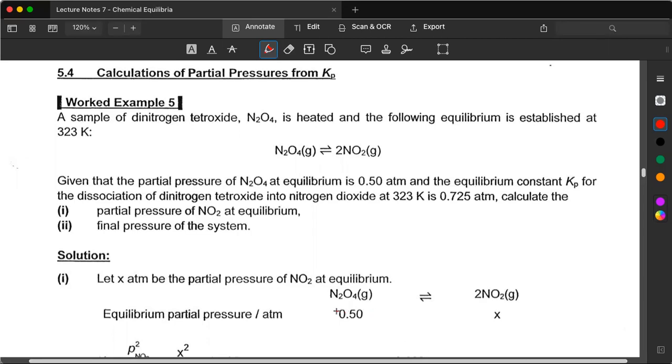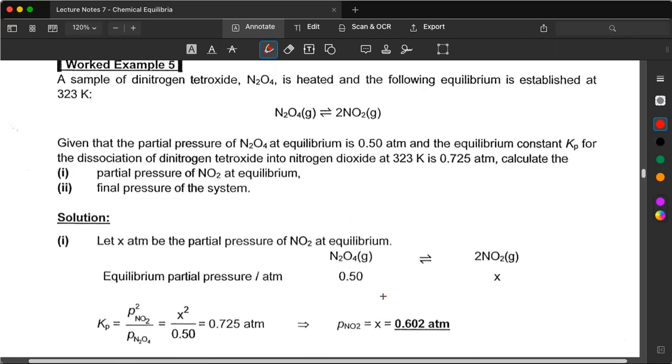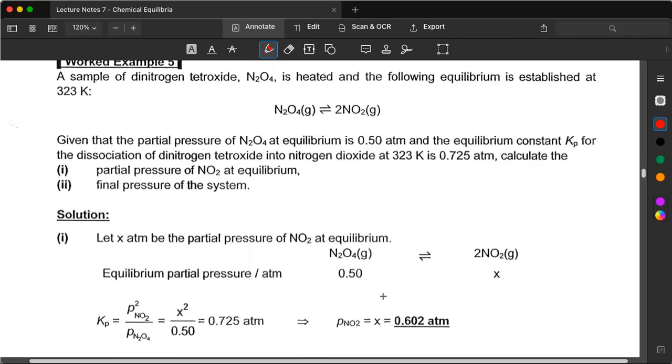The initial pressure was 0.5 atm. It becomes X. That's what they say. Then for part 1, to find the partial pressure, you just use the KP at this condition.